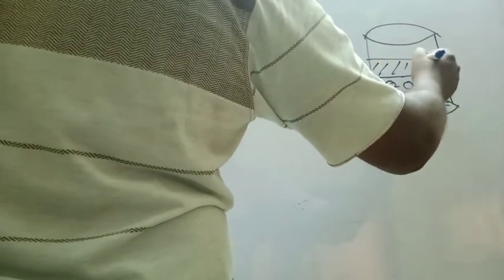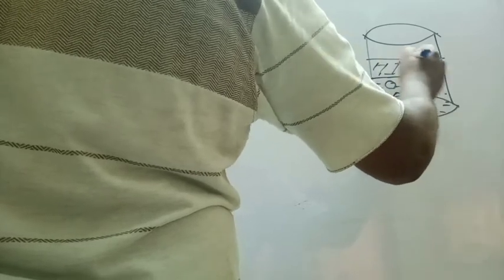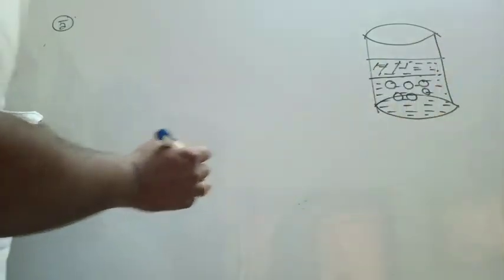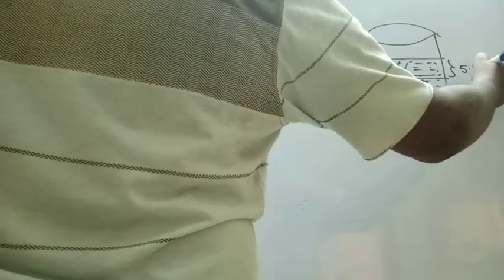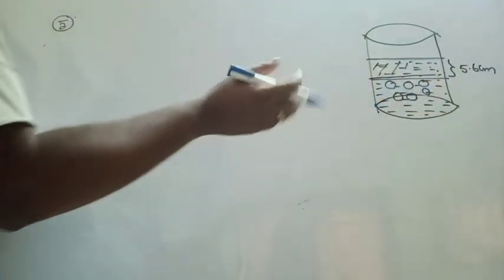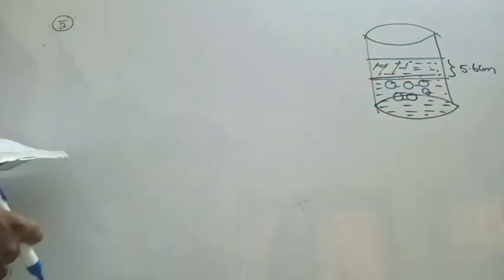The water level rises by 5.6 centimeter. You see, my dear student, this height is nothing but 5.6 centimeter. After dropping the marbles, the water level will rise, there is no doubt in it. The rise in level is given as 5.6 centimeter. Now we need to find the number of marbles. How many marbles are there?